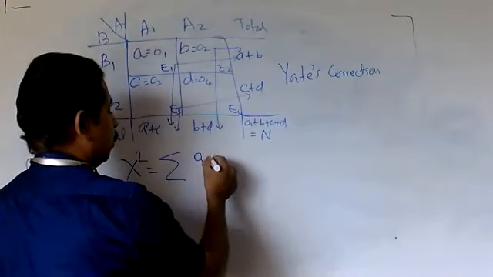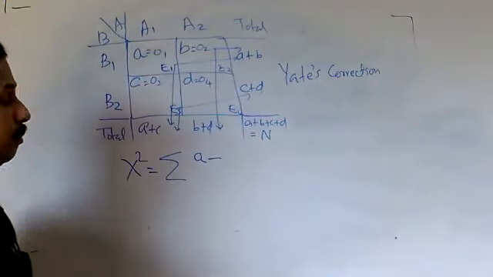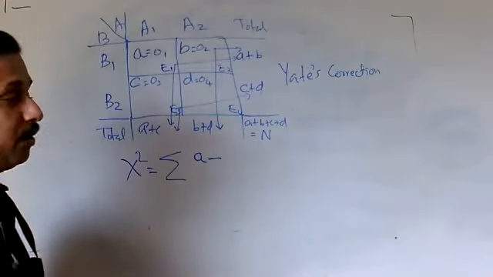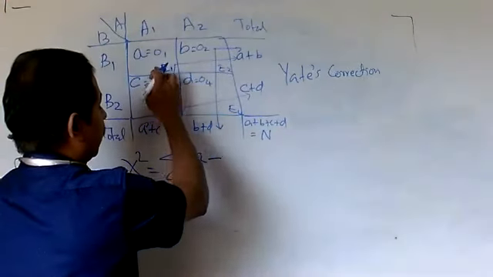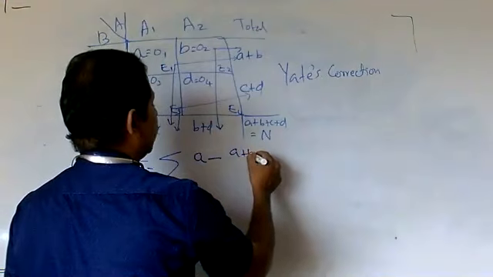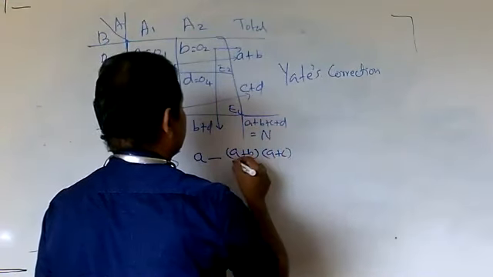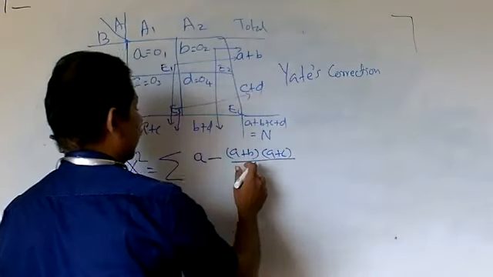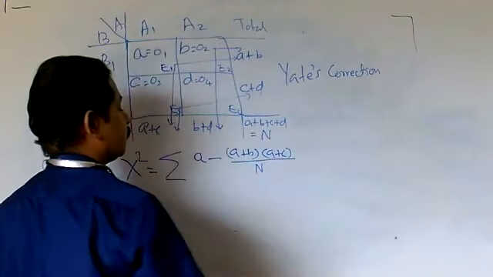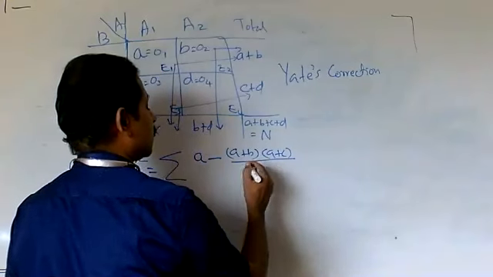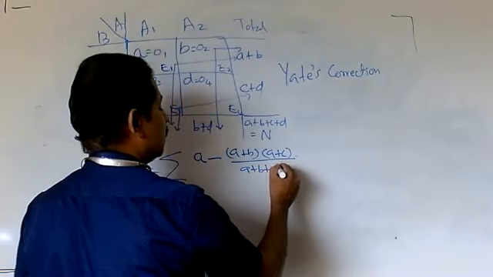A. Observed value A minus its expected value. What is the expected value? That is E1. E1 is A plus B into its column total A plus C, divided by capital N. Capital N can be written as A plus B plus C plus D.